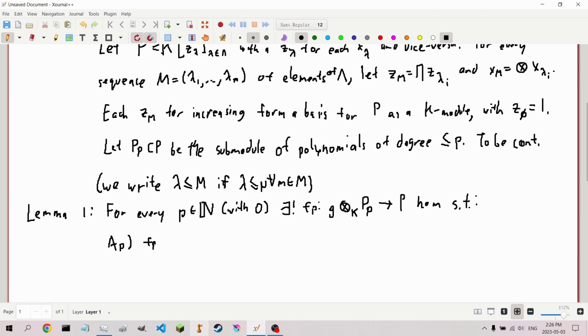So that Fp of the tensor product of x lambda with Zm is equal to Z lambda Zm for all lambda less than or equal to m, and Zm being of degree at most p.